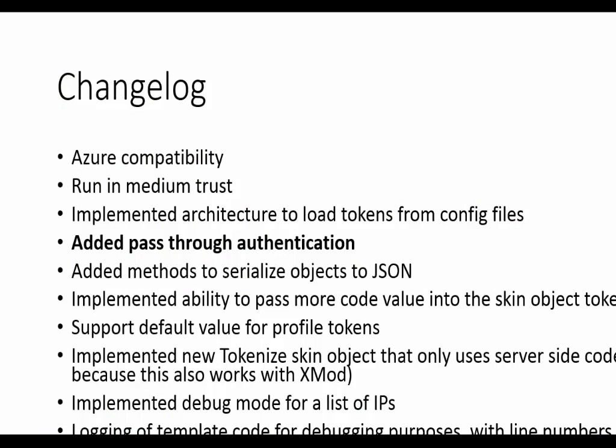Okay. So let's get back to the changelog. The next thing that we added is a feature called pass-through authentication, and what it basically does is it's a form of another system to authenticate a user on the current system.